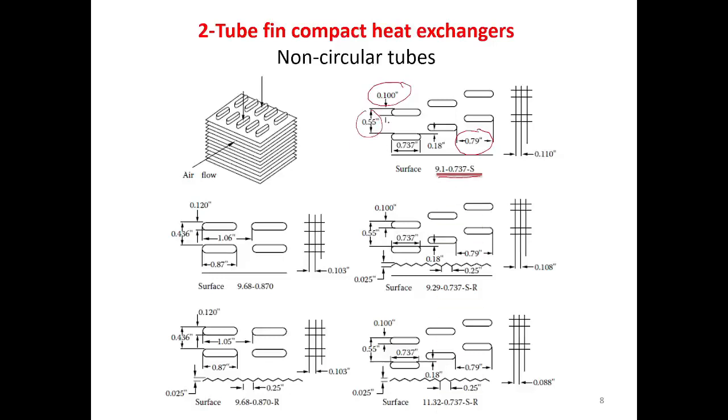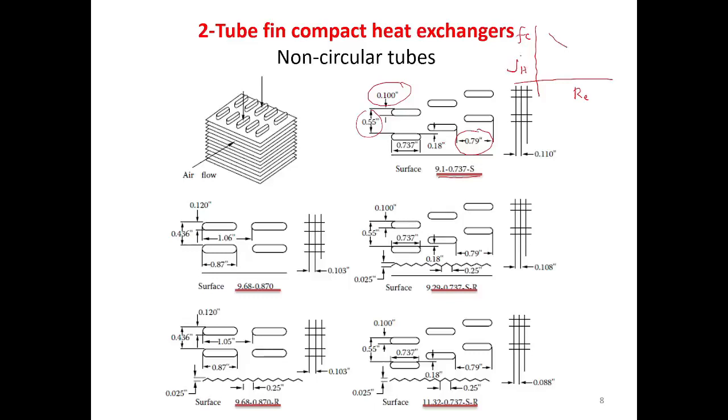We have several surfaces with different geometries that are available in Kays and London, where we have a very important figure that gives you the variation of the friction coefficient and the j factor, which we call the Colburn modulus.